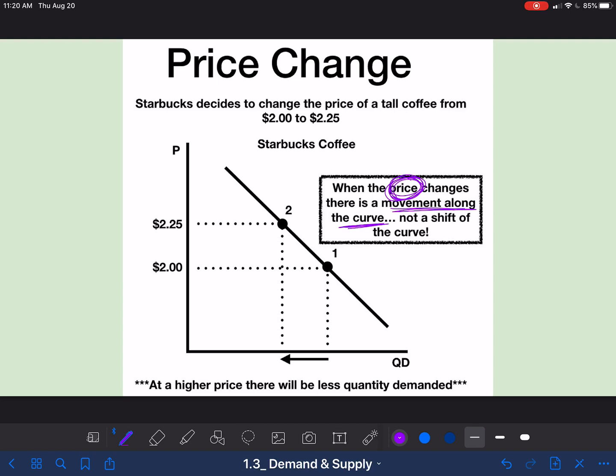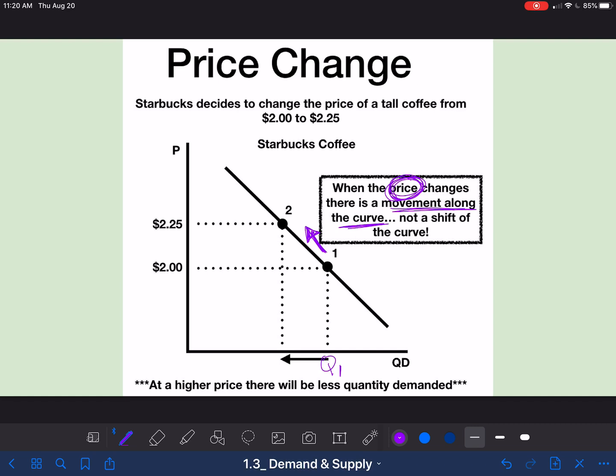So let's say Starbucks decides to change the price of a tall coffee from $2 to $2.25. Well, here we are at quantity point 1. We're willing to buy X many tall coffees from Starbucks at $2, but now the price has increased. So are you going to continue to buy as many Starbucks coffees with a 25-cent increase?